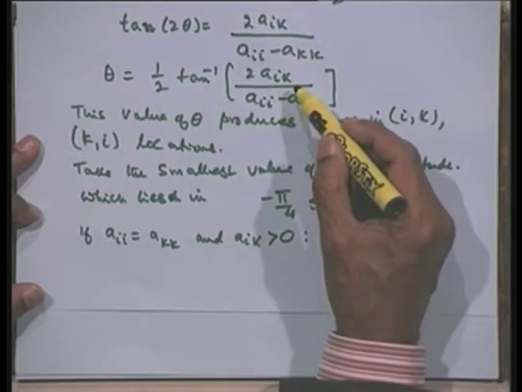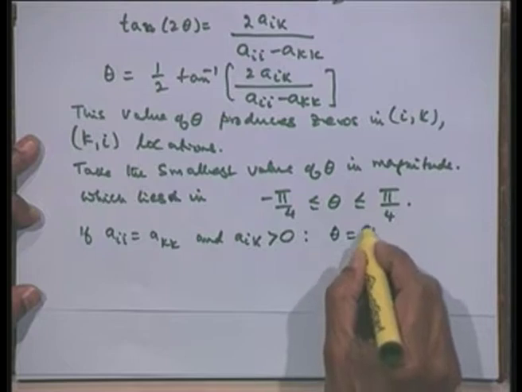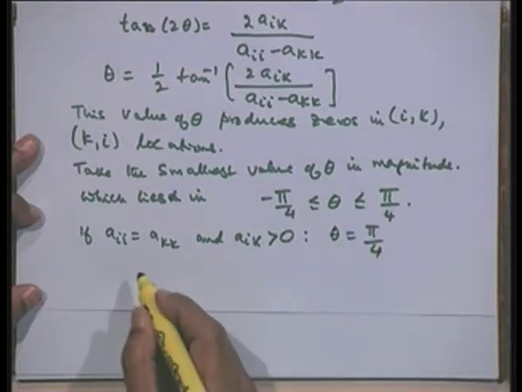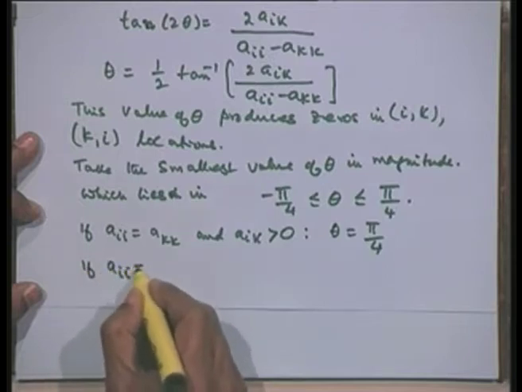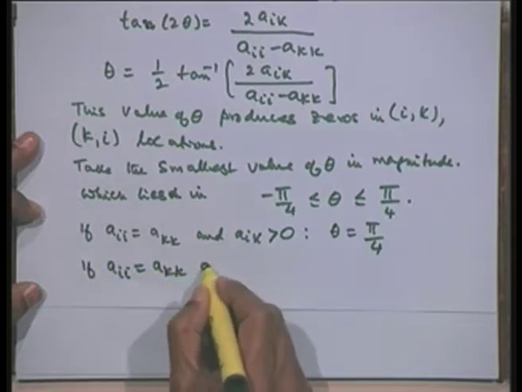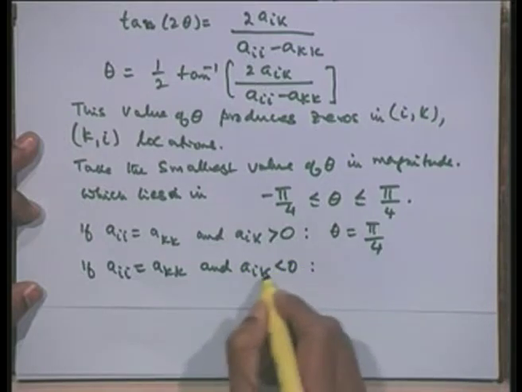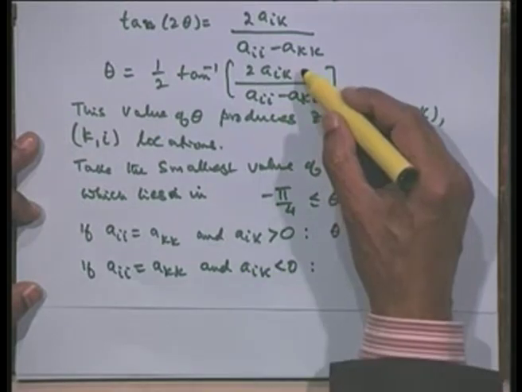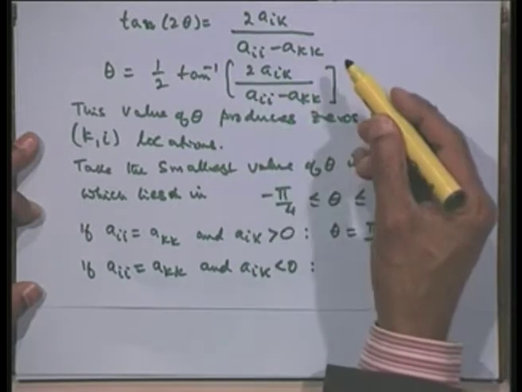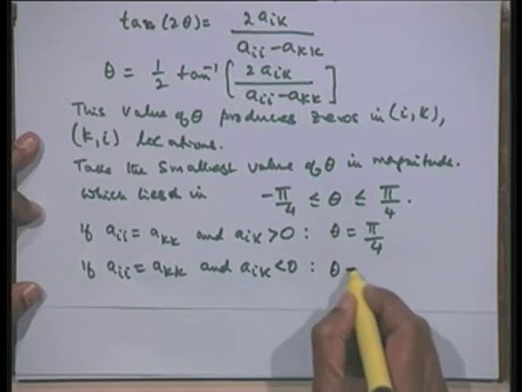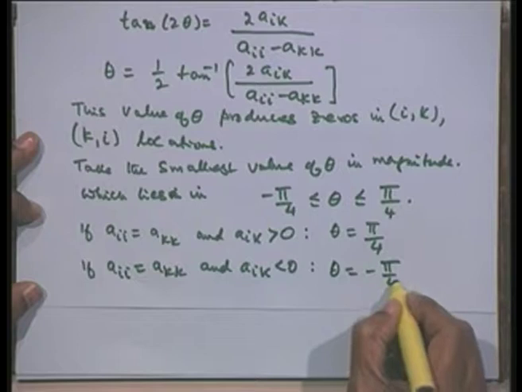Therefore, tan inverse plus infinity will be plus pi by 2, so I will have theta equal to pi by 4. Whereas, if a_ii is equal to a_kk but a_ik is negative, then this is negative by 0, this is minus infinity, therefore tan inverse will be minus pi by 2, and by half, theta will be minus pi by 4.